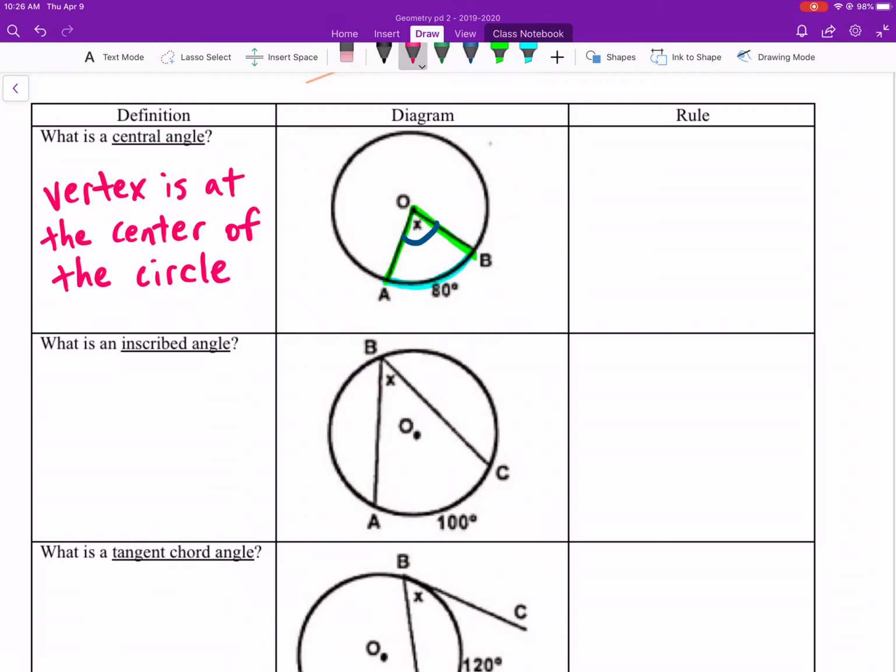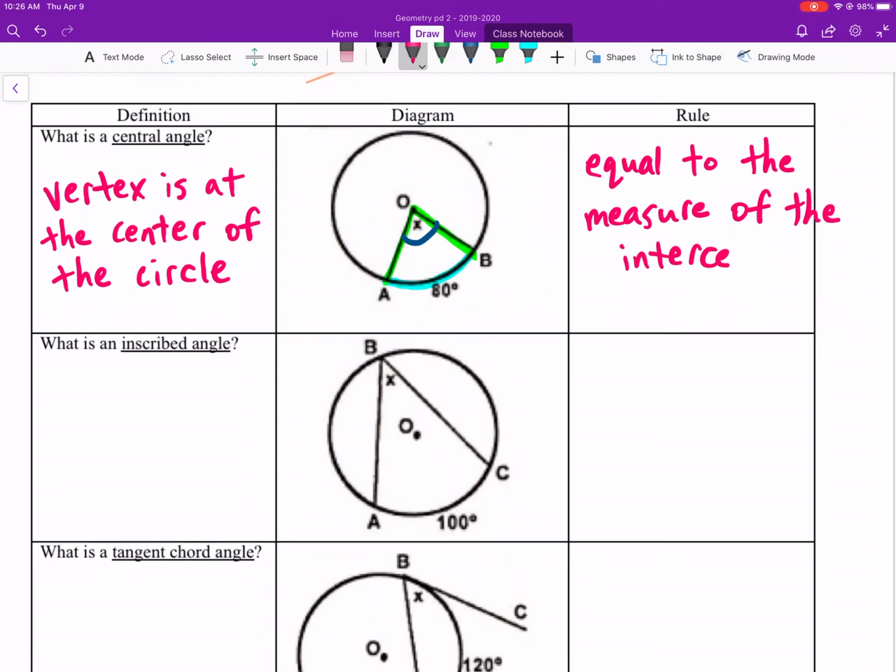So, the central angle is equal to the measure of the intercepted arc. That's the new vocabulary.